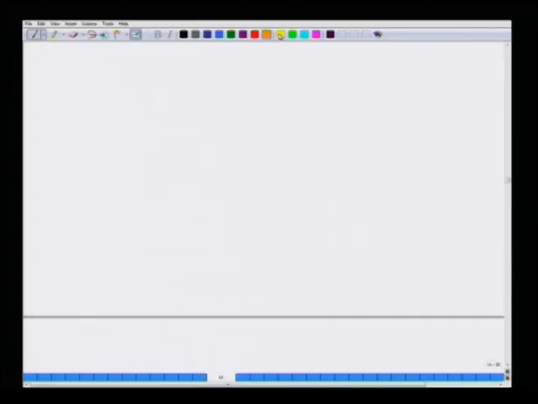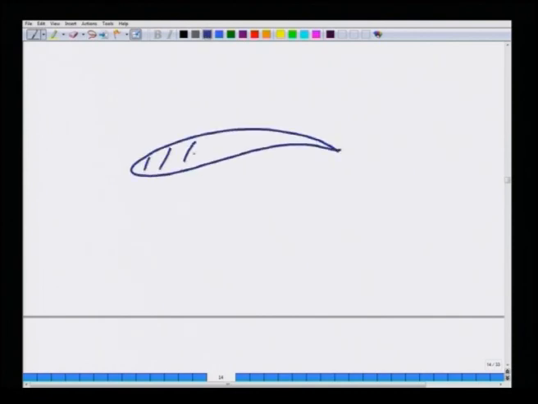So, we can ask the question when the flow is likely to be irrotational. The answer turns out to be that suppose you consider a body shape like this. Okay. This is called an airfoil. This is a solid body. Essentially, it is a body that looks like this.